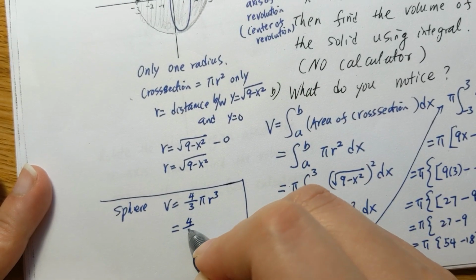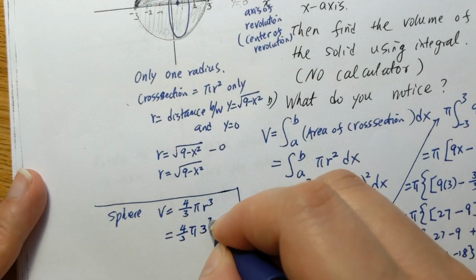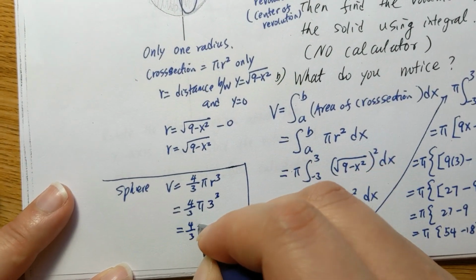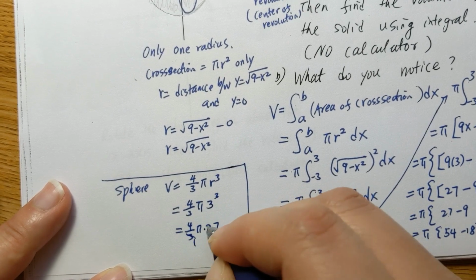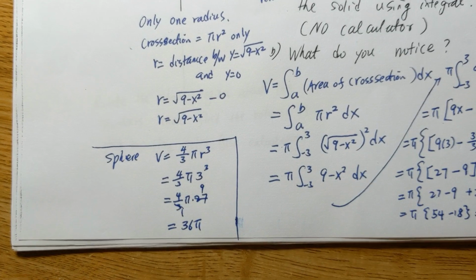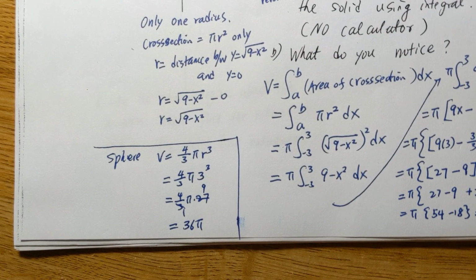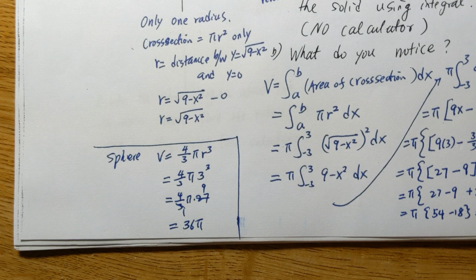So now, my radius is 3. And then I simplify, I got the same answer. So our prediction was correct. When you spin the semicircle about the x-axis, you will get a sphere. And you use the integral or the formula, you get the same answer.